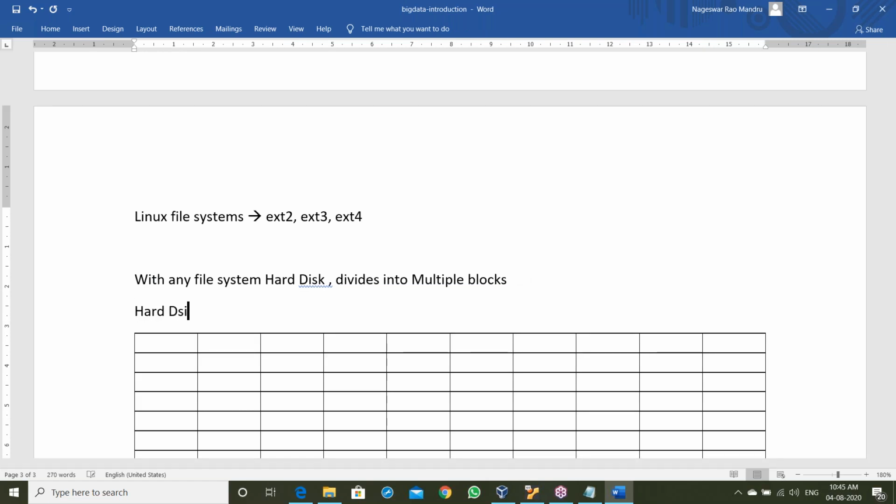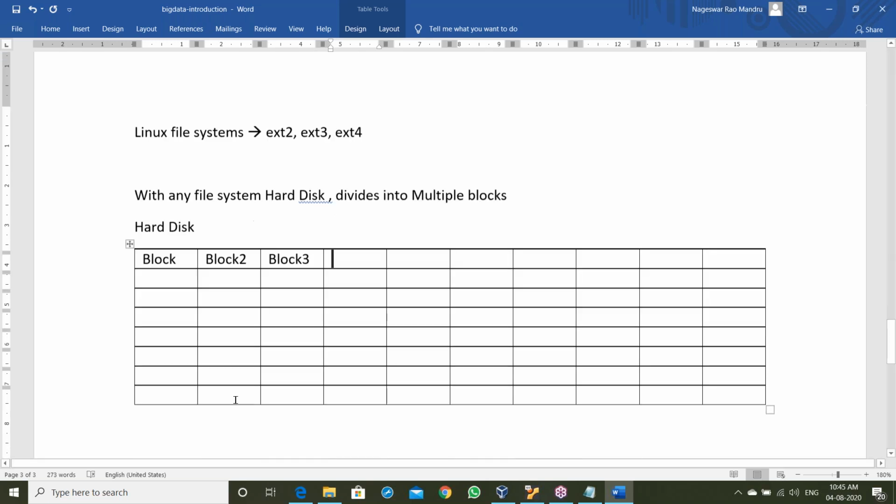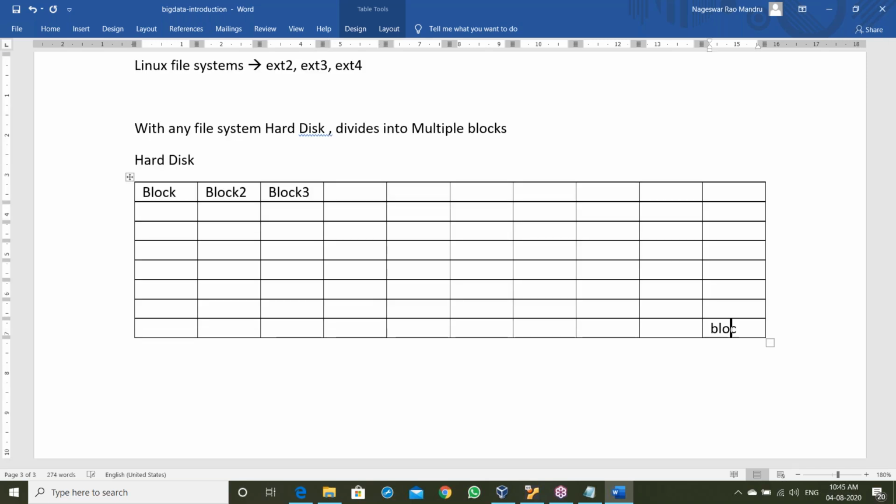In the hard disk there are block 1, block 2, block 3, block 4, and so on up to block n, multiple blocks. The number of blocks depends on the storage capacity of the disk and the file system.